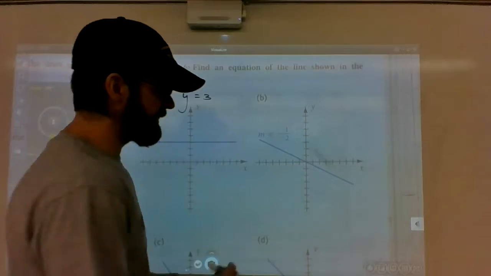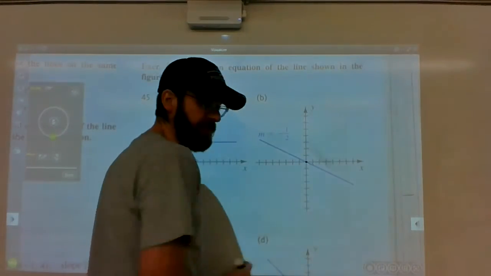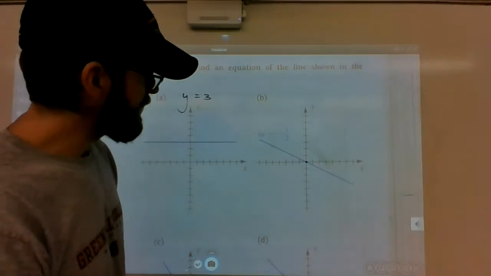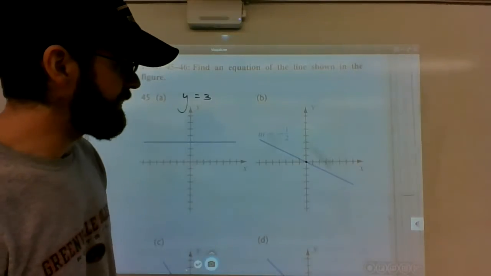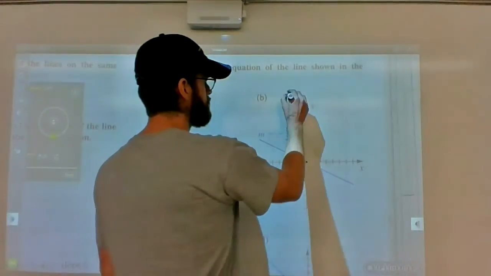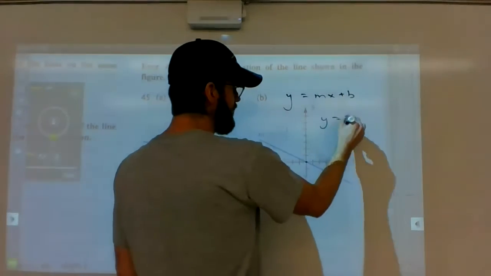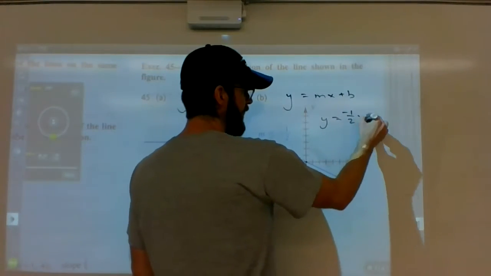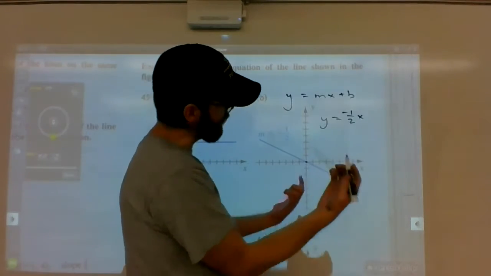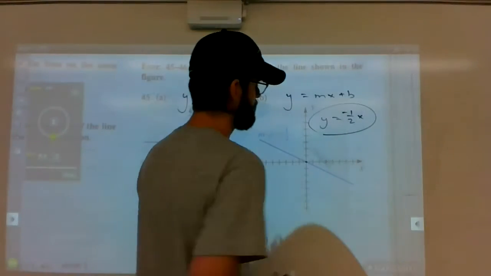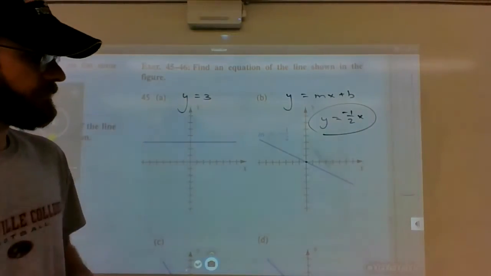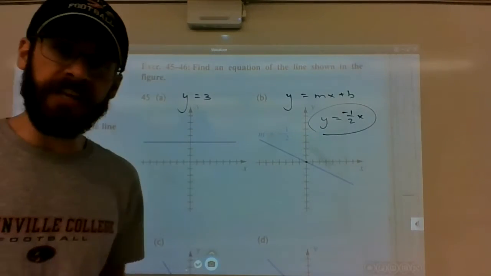On part B, it crosses through the origin and has a slope of -1/2. They didn't even make us count. So y equals -1/2 x plus 0, don't even need to put the plus 0. Pretty easy so far.